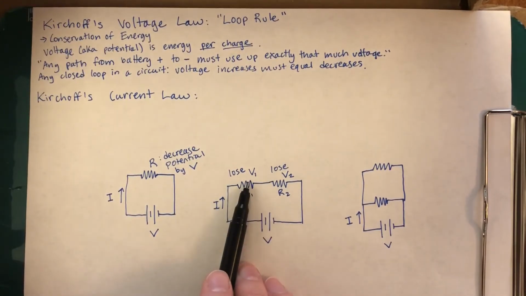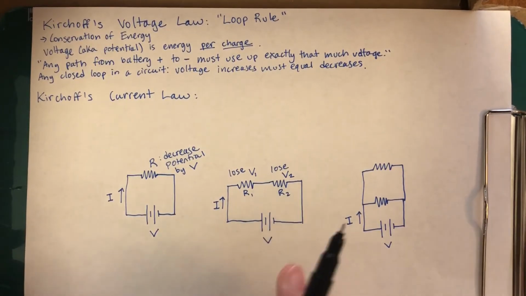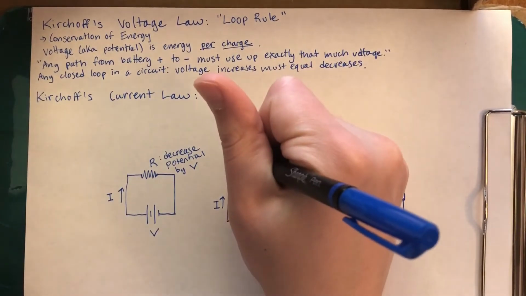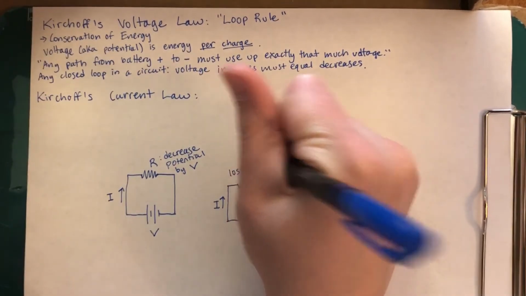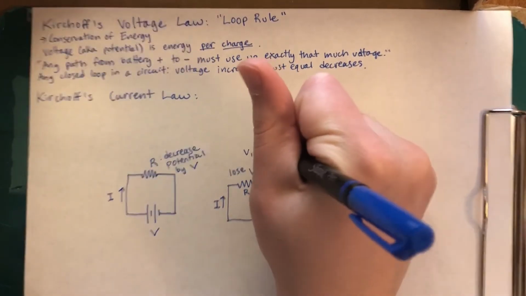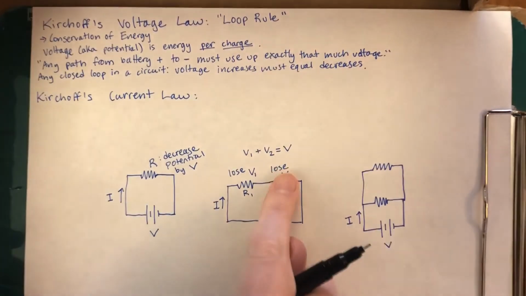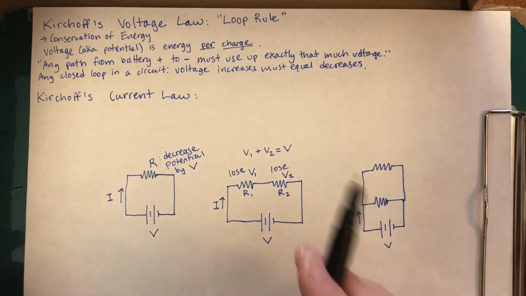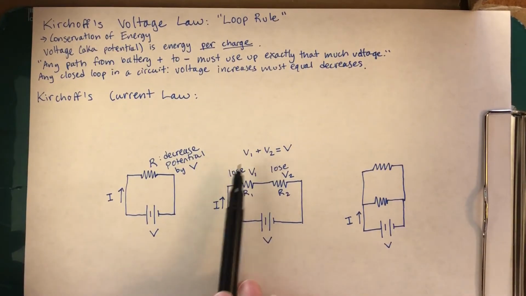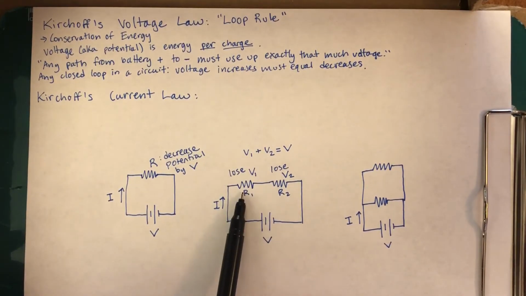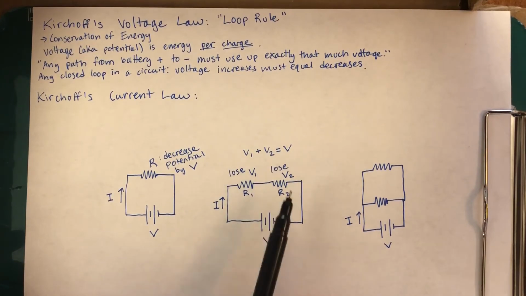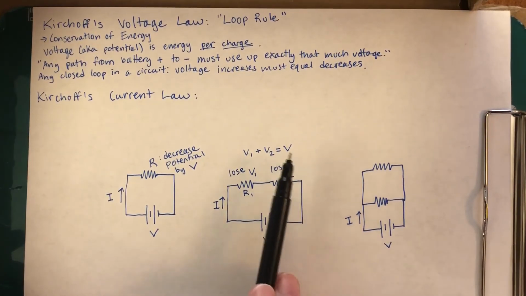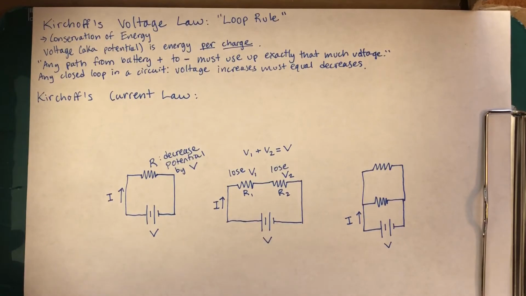Part of the voltage through this one, part of the voltage through this one. And then these total decreases in voltage will add up to the total potential difference of the battery, which is basically like saying the amount of energy lost through the first resistor plus the amount of energy lost through the second resistor adds up to the total amount of energy lost. Okay.